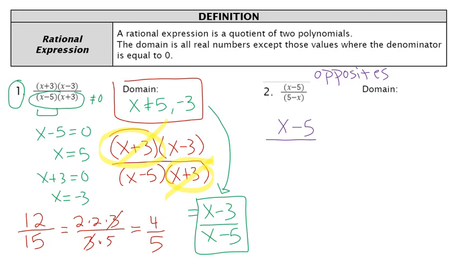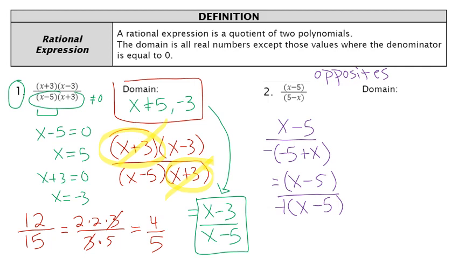We don't need to rewrite it all the time, but if I factor out a negative, I can flip it around, and this is the same as negative 1 times x minus 5. So the nice thing is once we recognize an opposite factor, we don't have to redo this every time. We can just identify it.